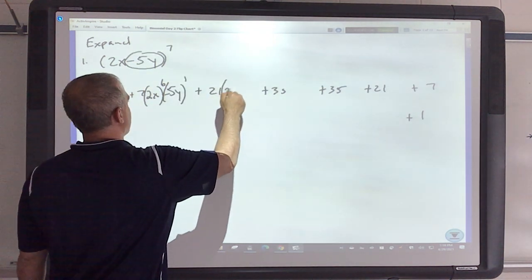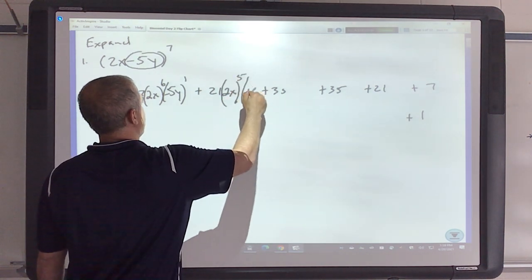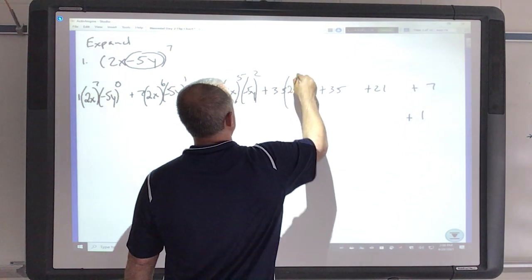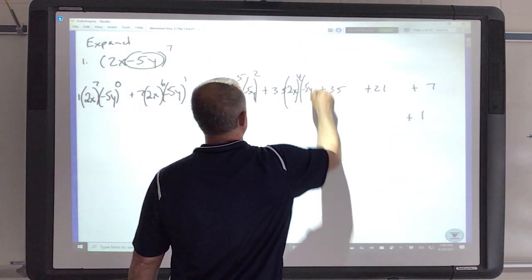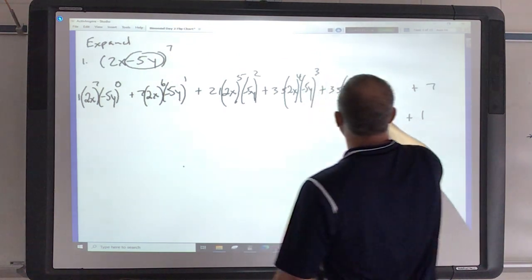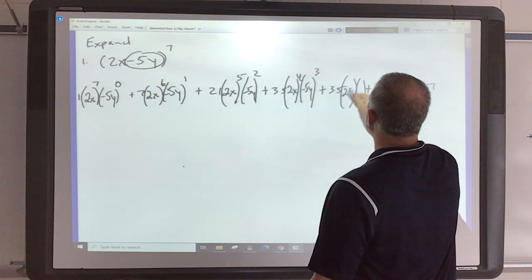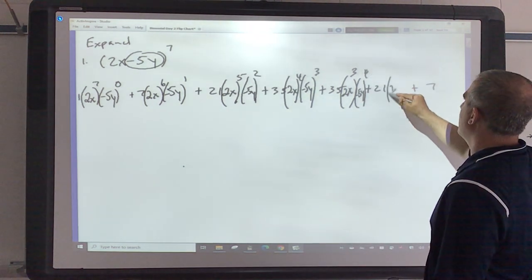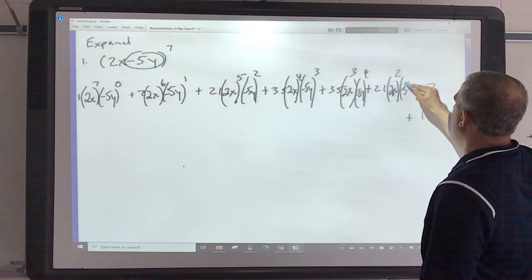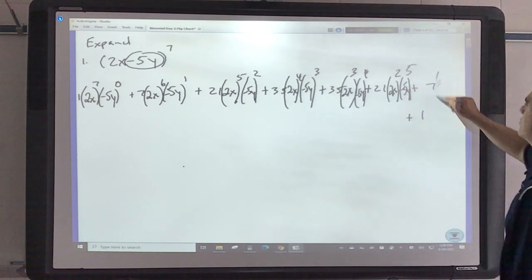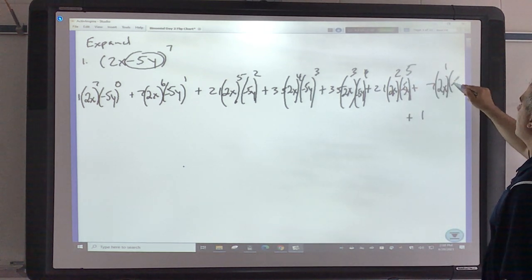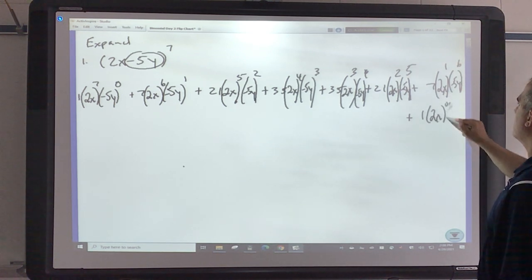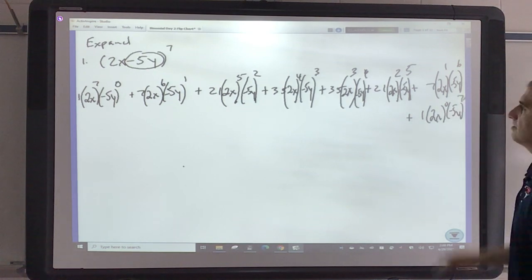So (2x) to the 5th, (negative 5y) to the 2nd, (2x) to the 4th, (negative 5y) to the 3rd, (2x) to the 3rd, (negative 5y) to the 4th, (2x) to the 2nd, (negative 5y) to the 5th, (2x) to the 1st, (negative 5y) to the 6th, and (2x) to the 0, (negative 5y) to the 7th.